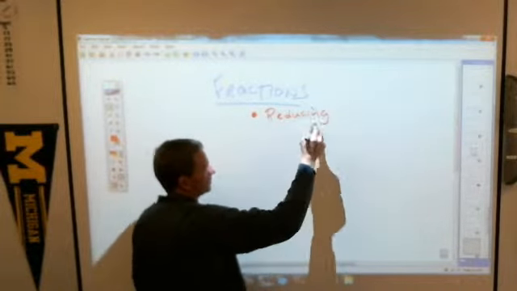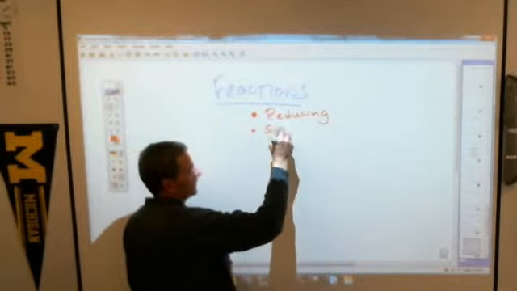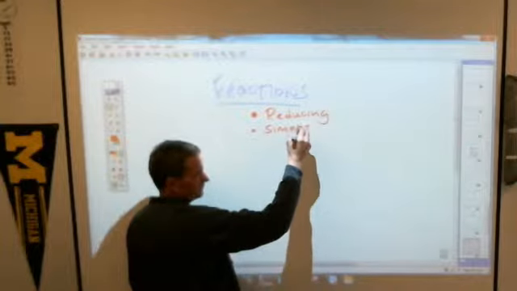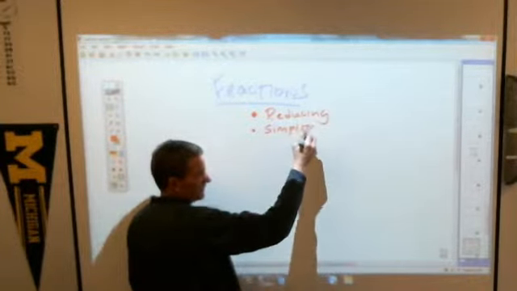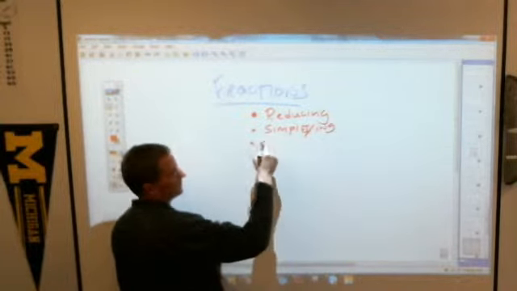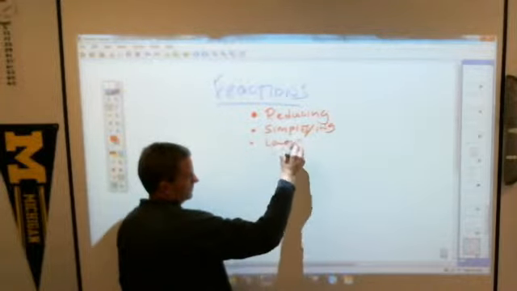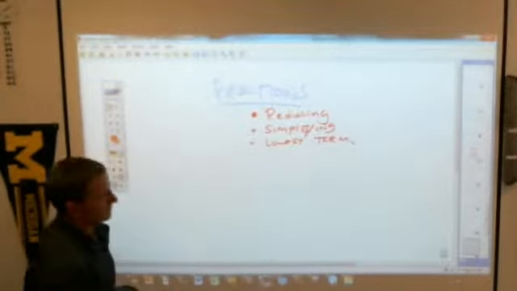The book usually calls it reducing, or you could also call it simplifying. Or sometimes they'll say make it in lowest terms. All of these things kind of mean the same thing.